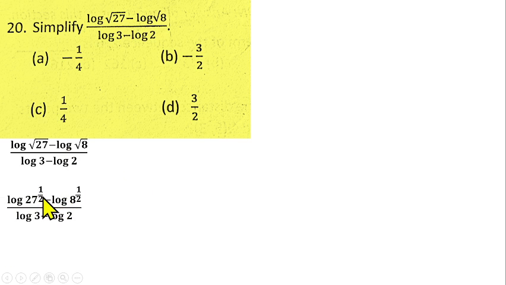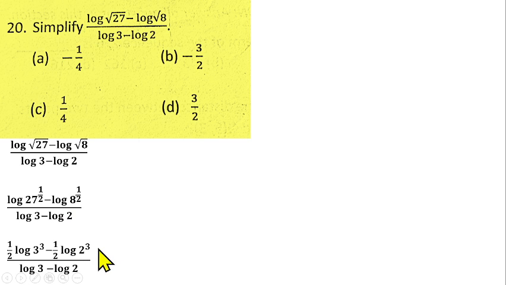Then we know that in the laws of logarithm, the power will go to the front, and the power here also will go to the front. So you have a half log 27. We can now change 27 to index form, which gives us 3 raised to power 3. Then this power comes to the front, you have minus half log 8. Then change 8 to index form as well, you have 2 raised to power 3.